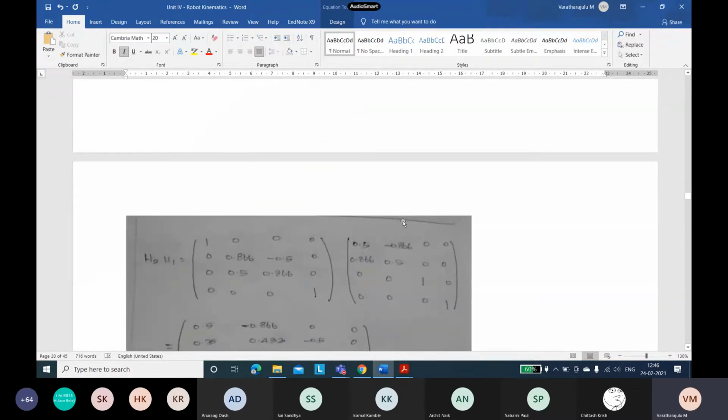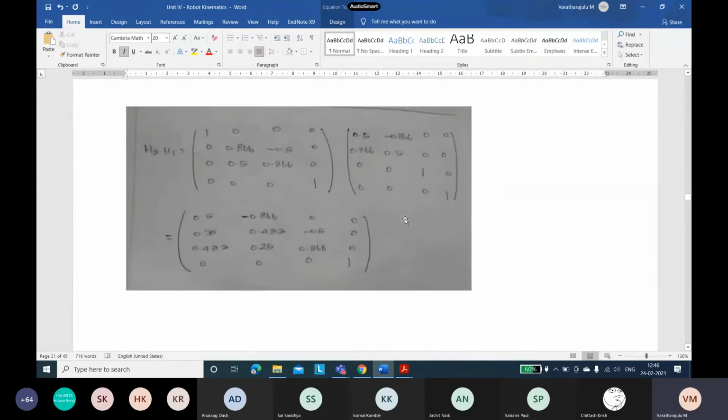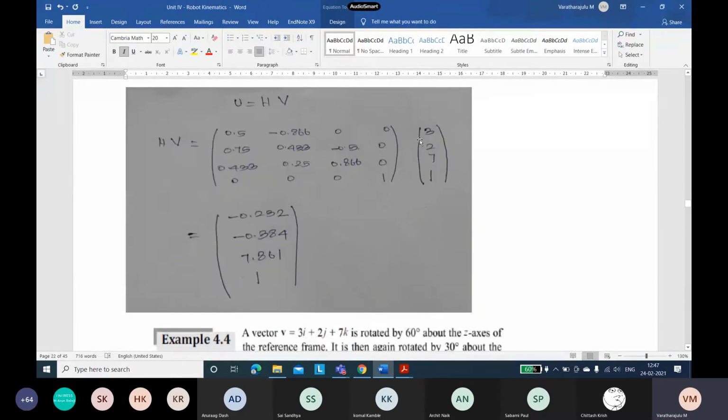That is why we have the fourth column. And here we don't have any such translation with the Cartesian, and therefore we have 0, 0, 0 in the fourth column. By doing multiplication with this matrix, we will get minus 0.232, minus 0.384, and 7.861, and this is what the result.